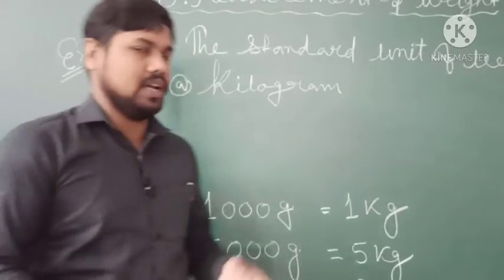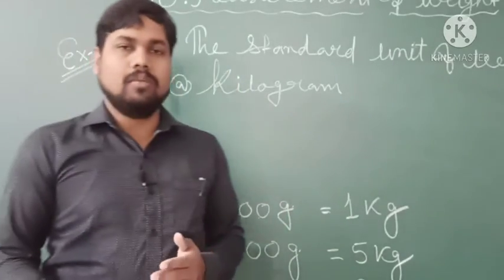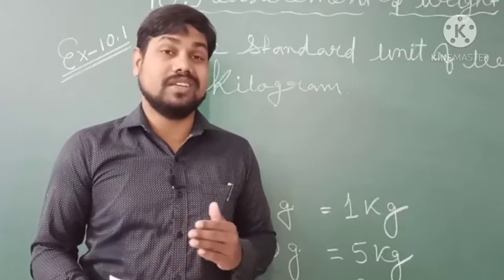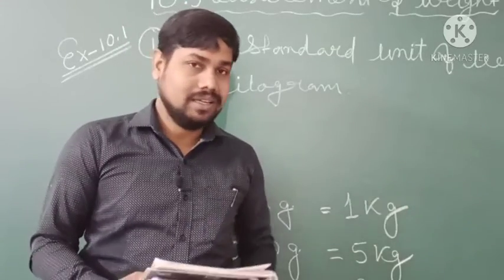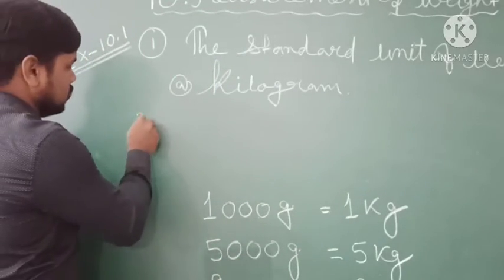Liter and kilometer are not units of weight, because liter is used to measure liquid things and kilometer is used to measure distance. So option A will be the correct option.